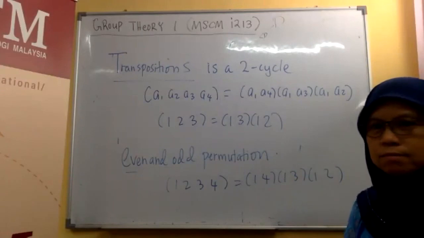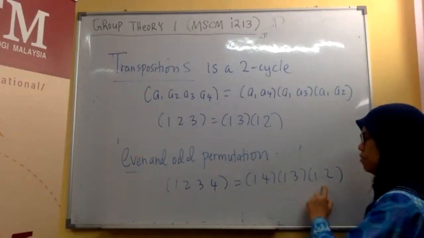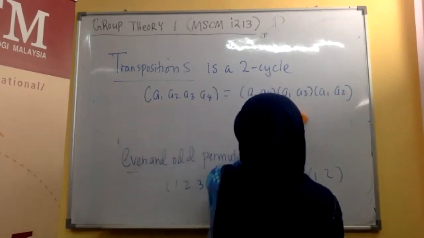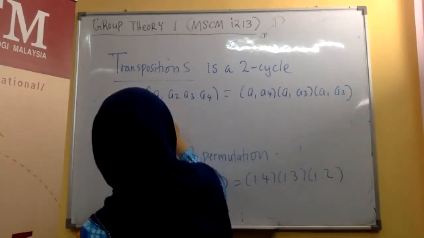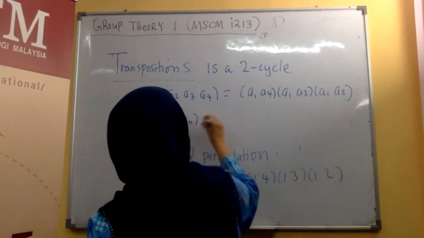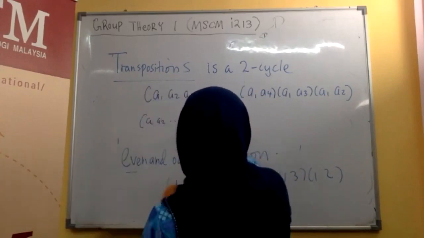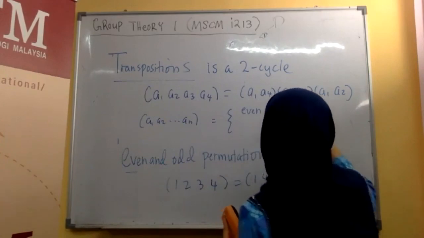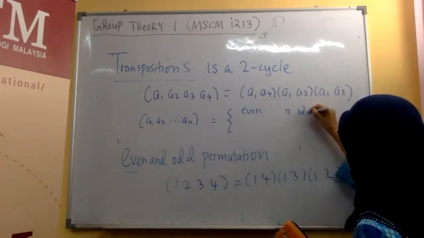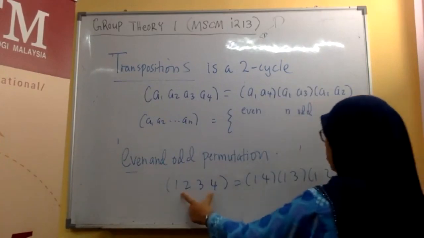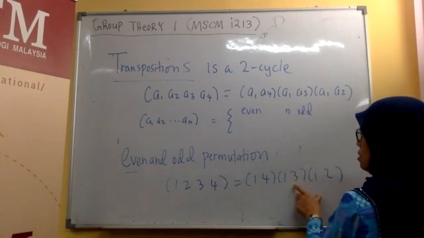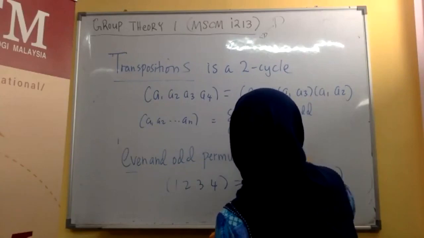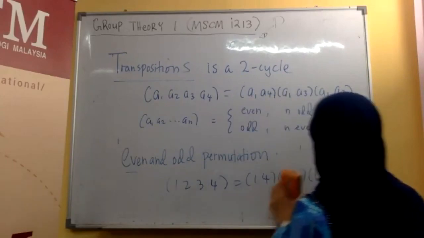A cycle is even if n is odd, and odd if n is even.